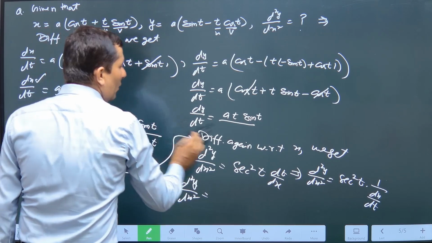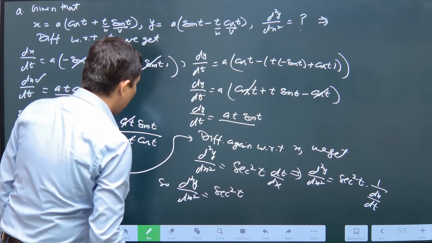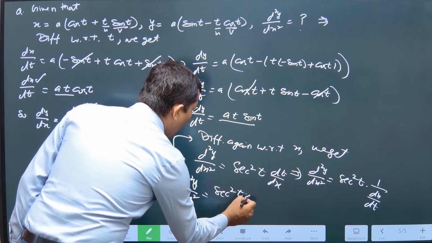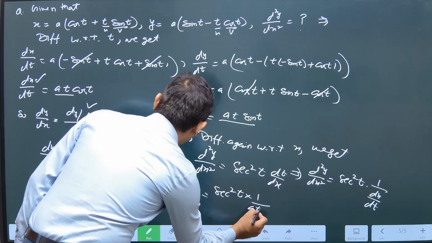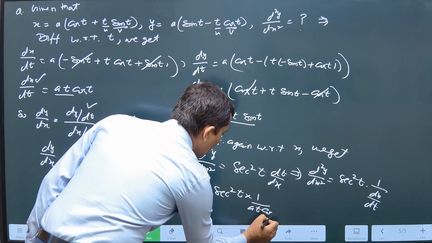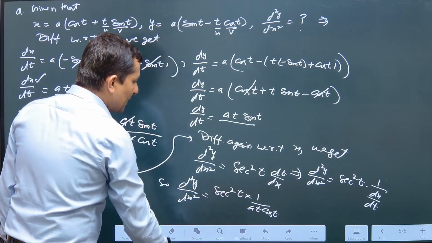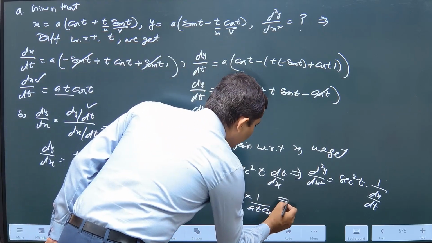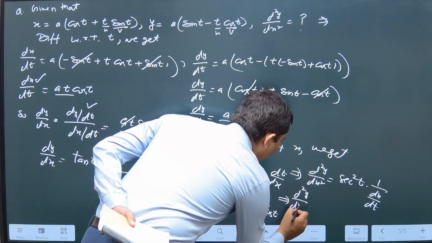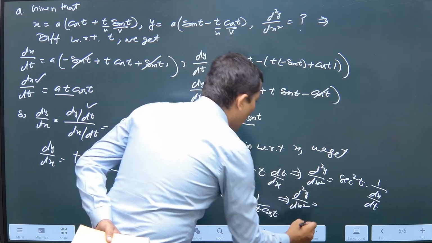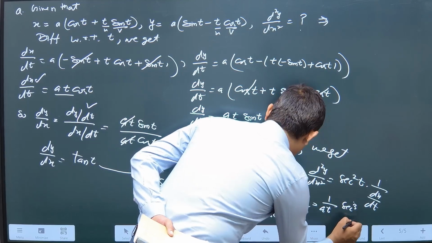Put this value here. So this result is secant square t into 1 upon at cos t. Finally, d square y upon dx square is equal to 1 upon at secant cube t.